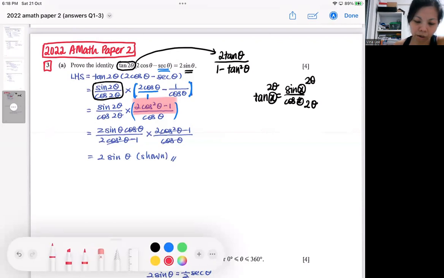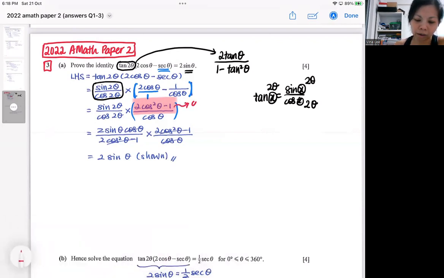So as you make same denominator, you also need the awareness that this is actually cosine 2 theta. So if you know the formula very well, this one will be easy. Otherwise, you find that you might be spending time referring here and there, what is the formula? So if you realize that you can either change this to cosine 2 theta, or you change the cosine 2 theta to this, so that eventually it will just be cancelled off.